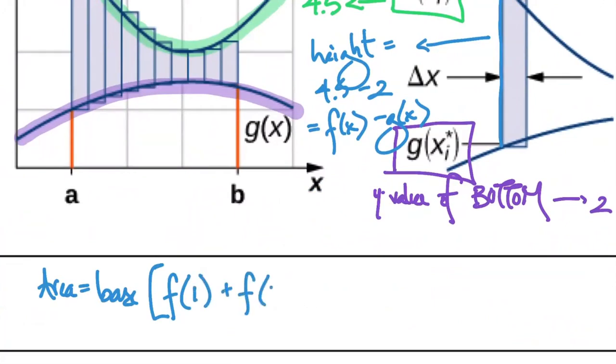And I said, instead of finding the area of every single rectangle and adding it together, notice that that base is the same for all of them. So we could factor out that base to the front and then find all the other pieces.